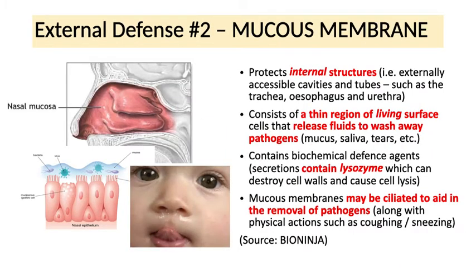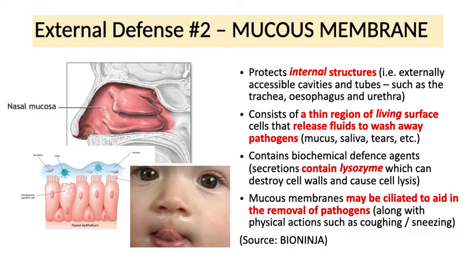The second type of external defense is the mucous membrane. I think we have discussed this when we talked about emphysema. The nasal cavity, which consists of our nose, and the trachea are covered with mucus. The function of the mucus is to trap bacteria, pathogens or any other foreign materials so that they will be immobilized, and then by using the ciliated cells found in our trachea, they will be swept out through our nostril.